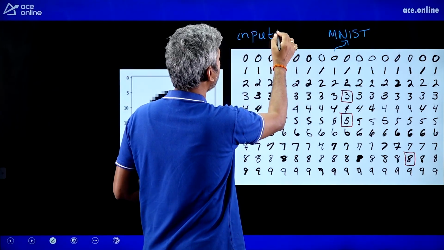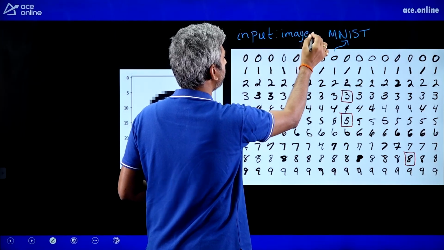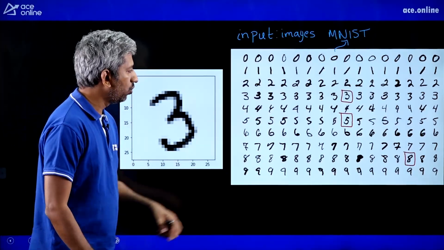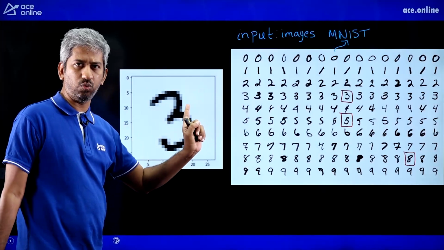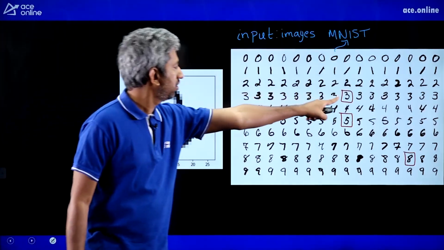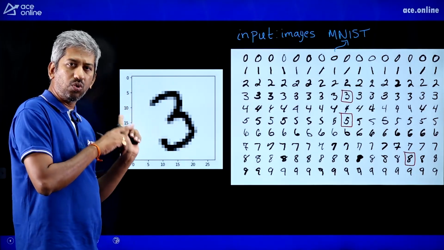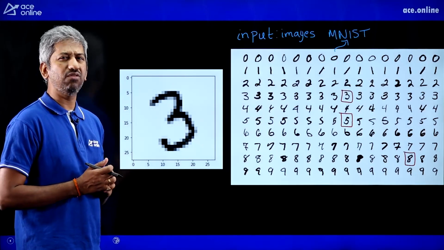Your input is in the form of images in your data set, right? Now, out of these 160 images that I have with me, I am taking one image. Okay. So, you have to convert this image into numbers. How can we do that?